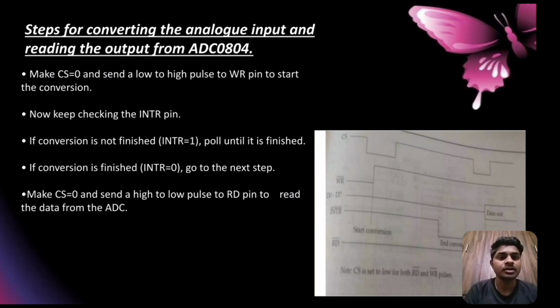Now keep checking the INTR pin. If INTR is 1, the conversion is not finished. If the conversion is finished, go to the next step. Make CS 0 and send a high to low pulse to the RD pin to read the data from the ADC.